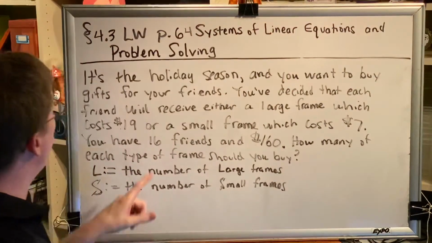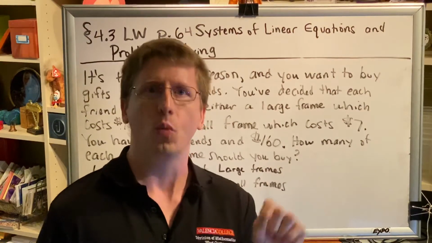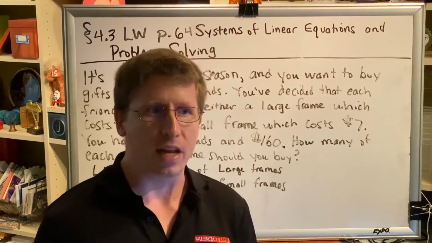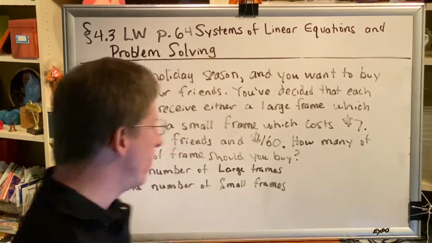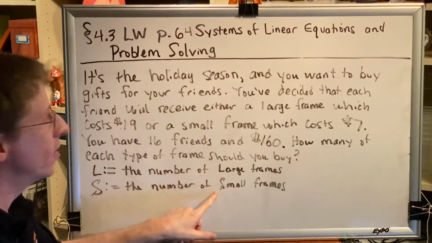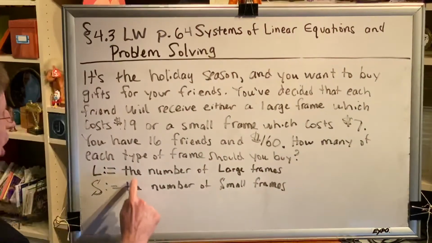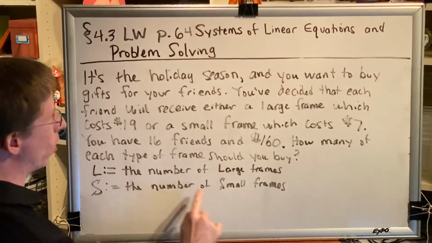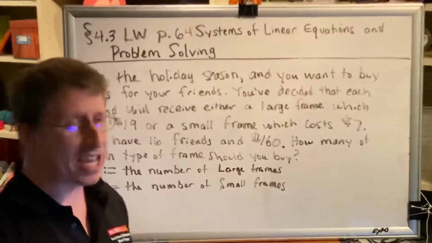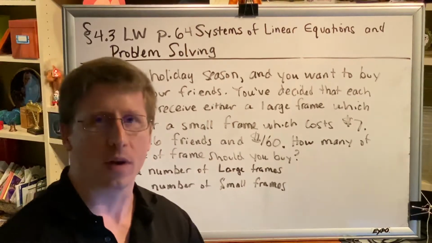So we know that we have 16 friends, and we know that each friend will get a frame. So that means we need to buy 16 frames. And there are 2 types. There are large frames and small frames. So we can say the following sentence. The number of large frames plus the number of small frames equals 16, because each friend is going to get a frame.